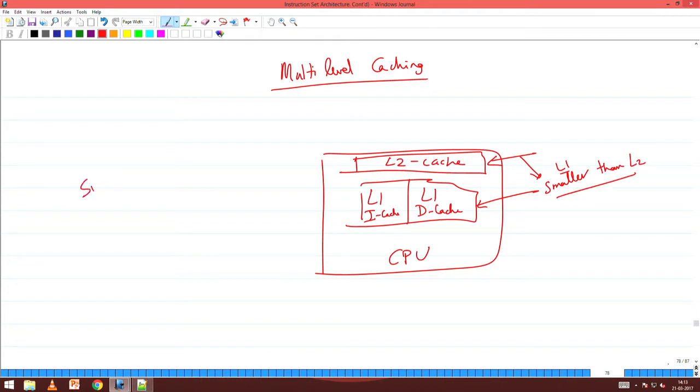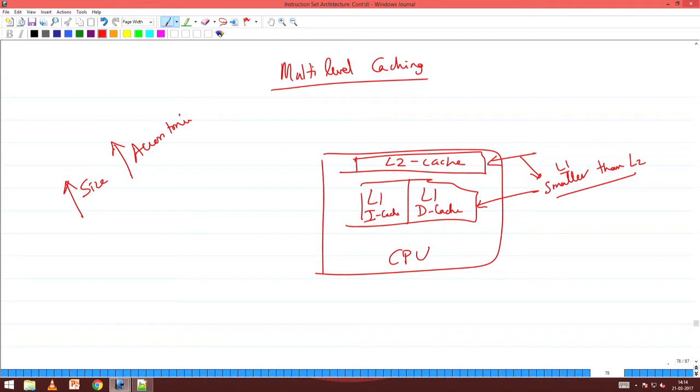As the size of your cache increases, your access time also increases, okay. So we keep the L1 cache very small, far enough to basically take the locality of reference within it.